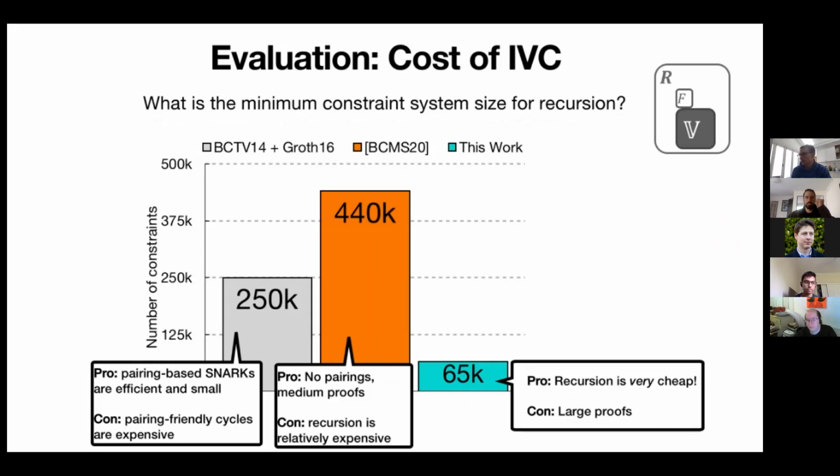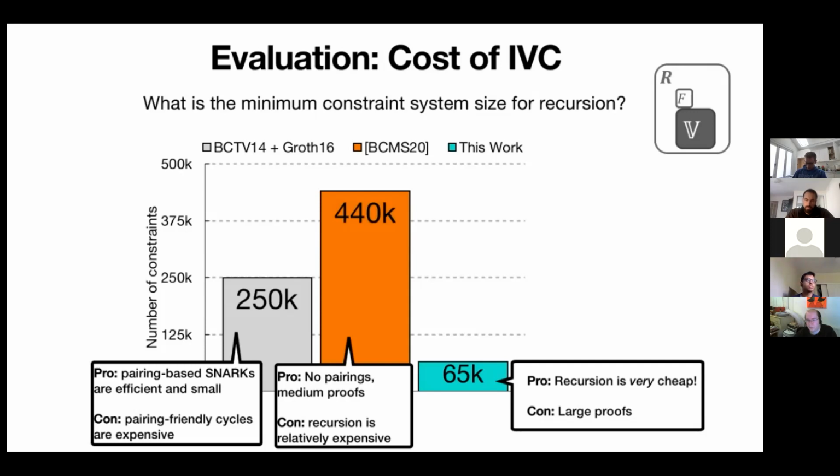Yeah, certainly a lot of. Yeah, but just to, sorry, I'm not sure. Say I don't really use recursion. I just want to aggregate log n proofs or T proofs. Is the aggregation cost going to be like the proof size plus T, or is it going to be like proof size times T?